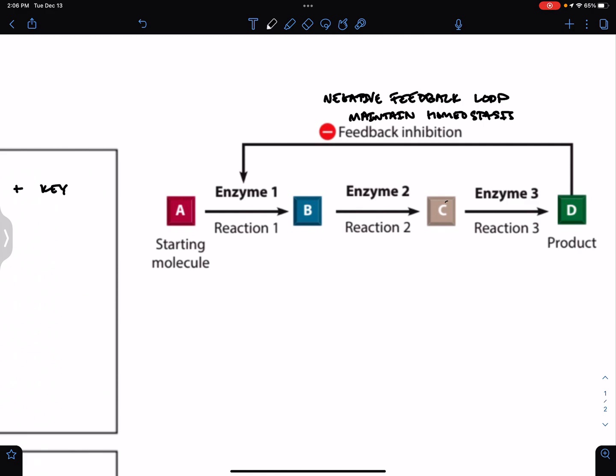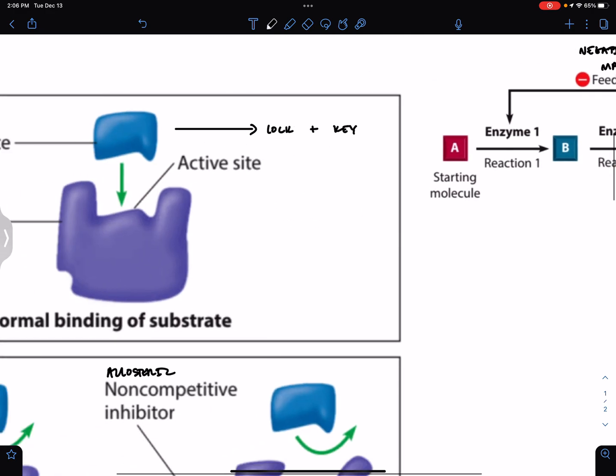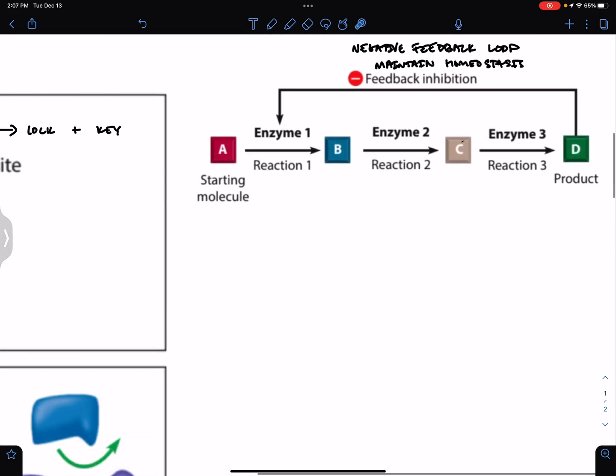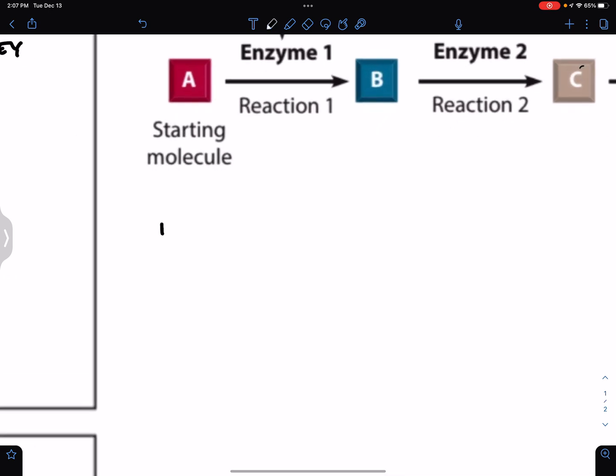So that's one mechanism of how enzyme inhibition is used by your body. Additionally, many drugs and poisons work through enzyme inhibition.